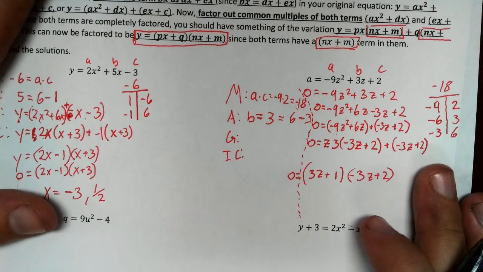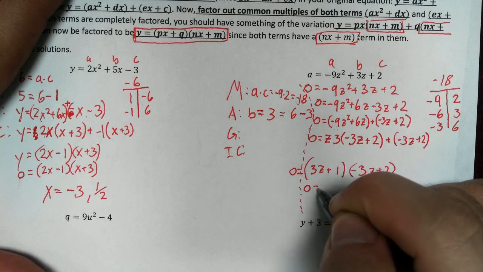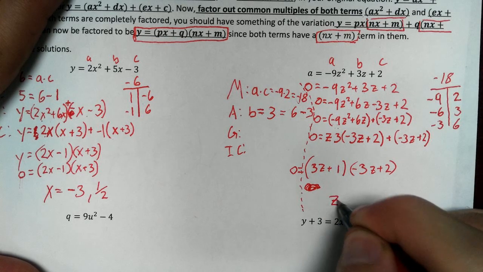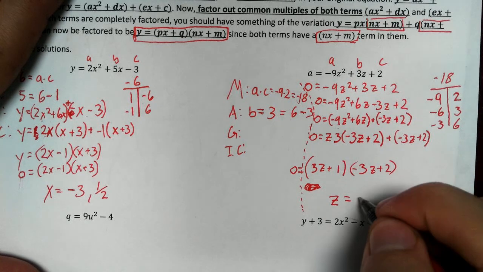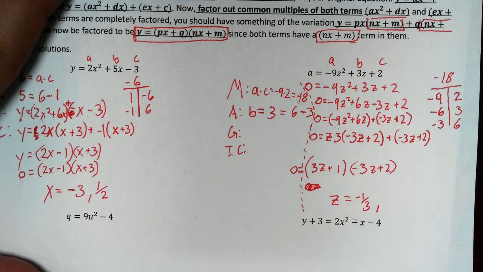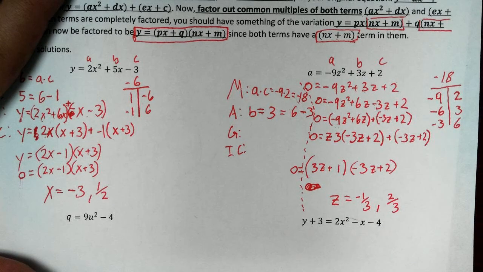Alright, now, again, you go ahead and do the actual work to find out what the factors are. But for this, our factors of z are going to be negative 1/3 and also 2/3. Okay?